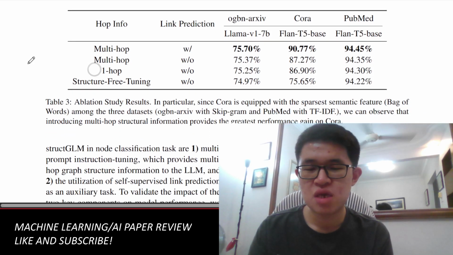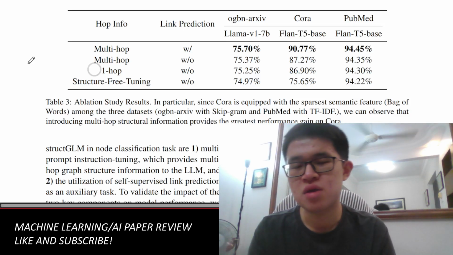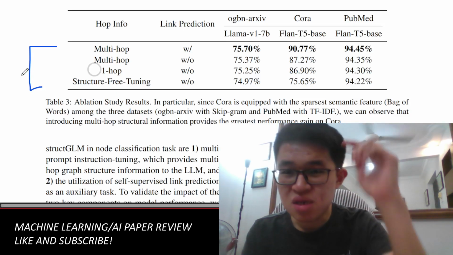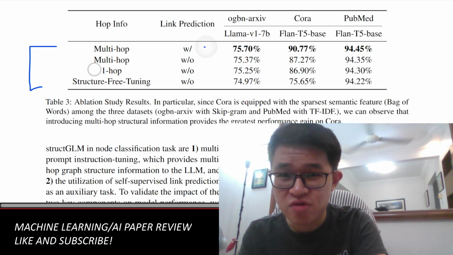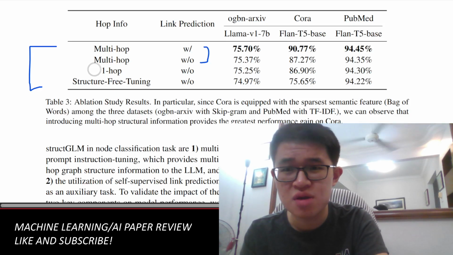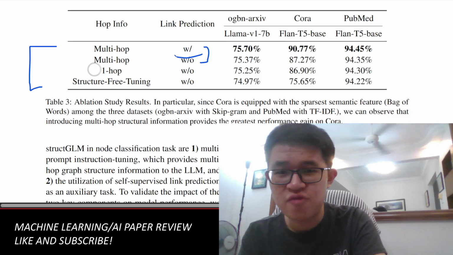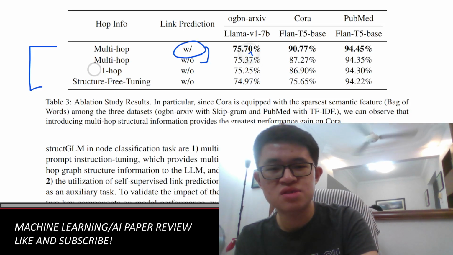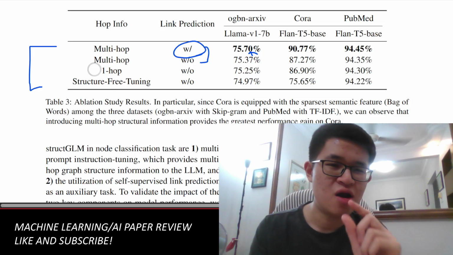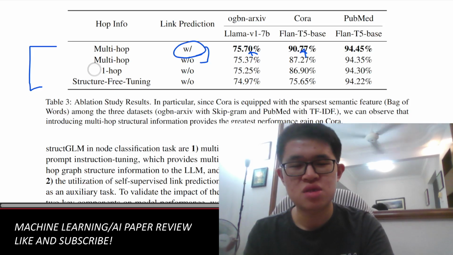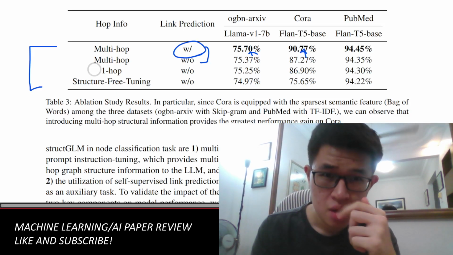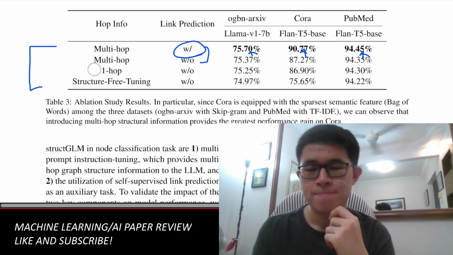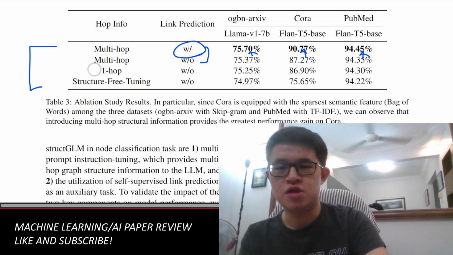Now table 3. This is an ablation study. If we take a look at the first two rows, they show that if you include the link prediction auxiliary task, the accuracy improves by a bit for arxiv, but it improves quite a lot for Cora, and a bit for PubMed.